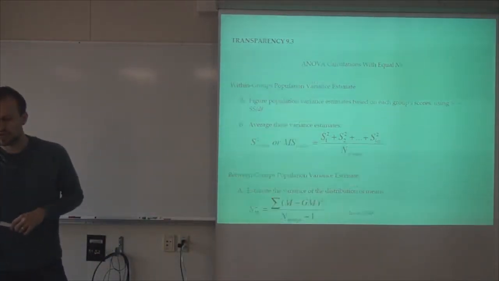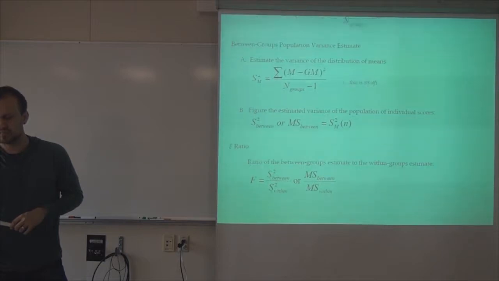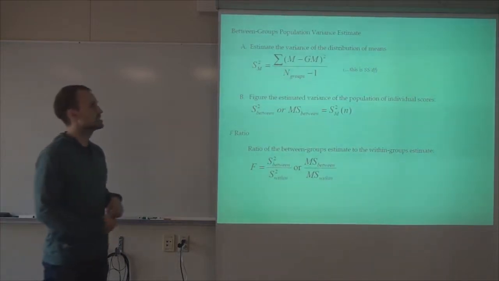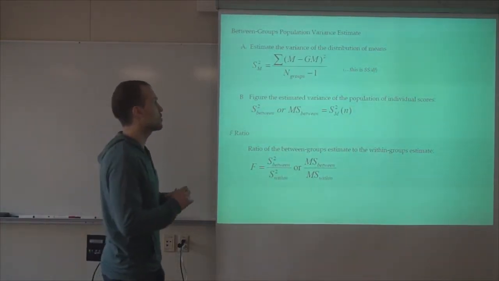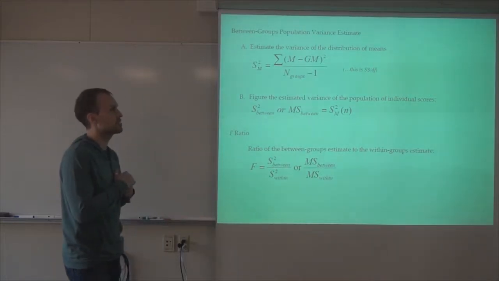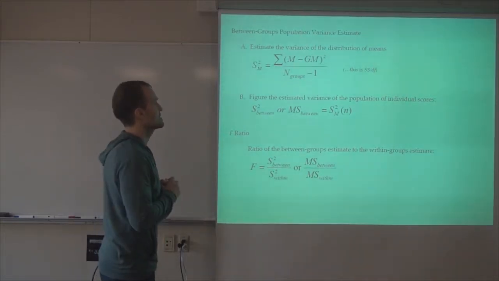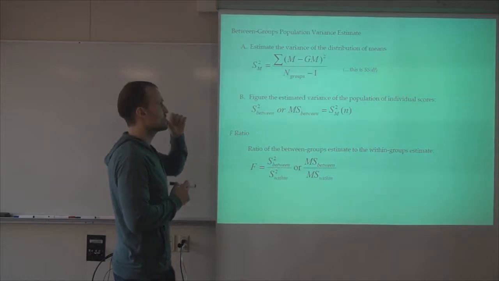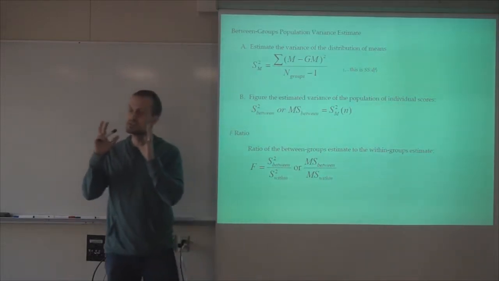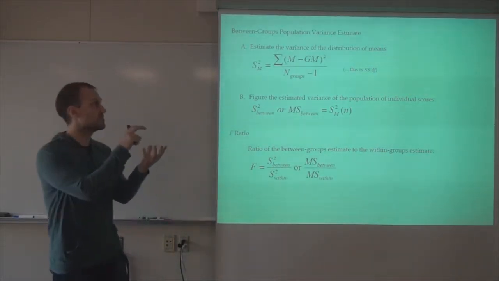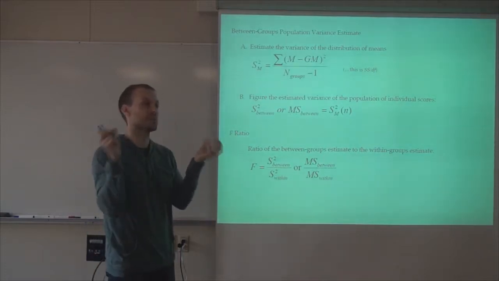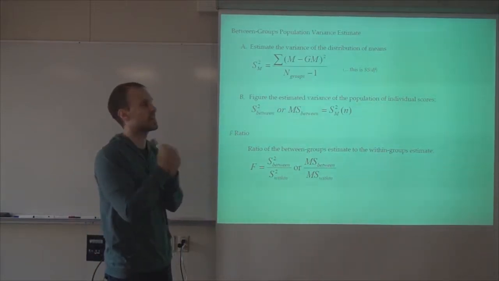The between groups variance estimate is going to seem a little less clear right now, but when you think about it the right way, it's actually very similar. What I'm going to do now is shift my attention to the sample means as the scores that I have to work with.